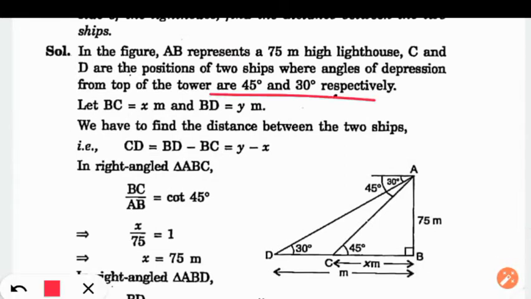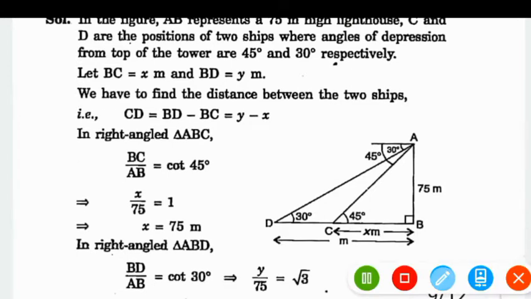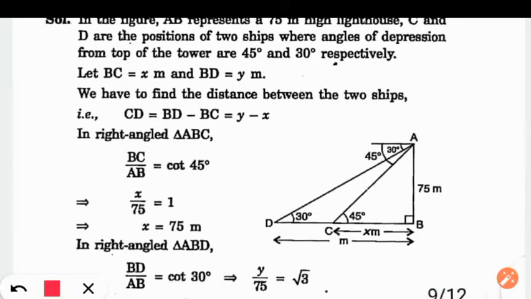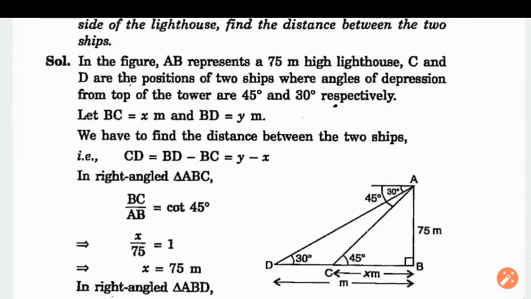As I told you, if we have two angles of elevation or depression, we draw the lesser one farther, so 30 degree is made at the point D. Let BC, the distance of the first ship from the foot of the lighthouse, be x, and let BD be y. So it should be y, not m.